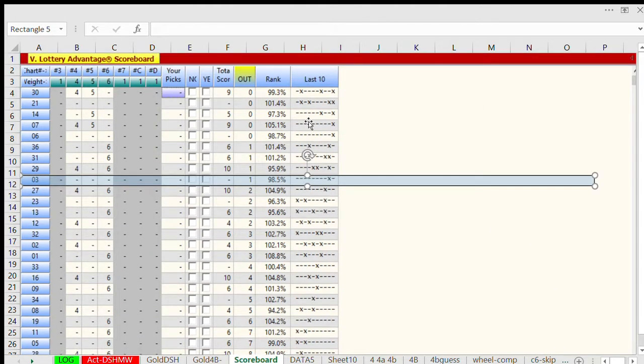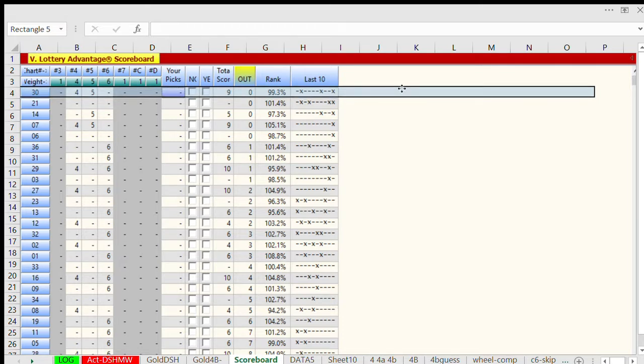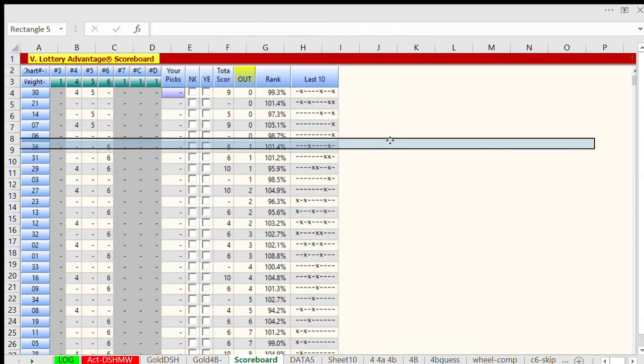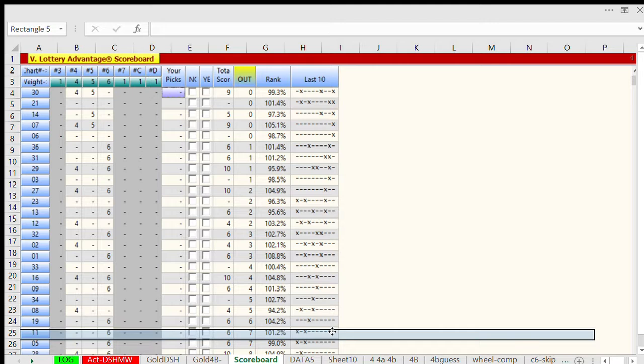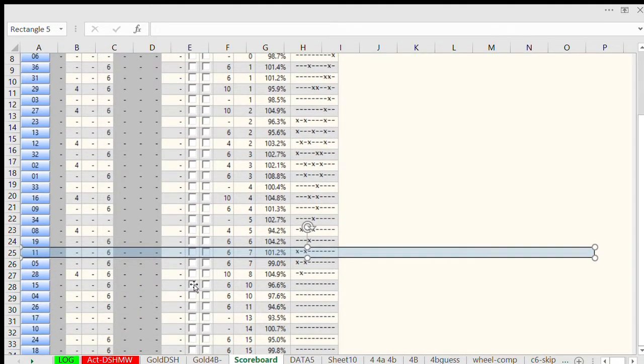All right. Now what's cool about this chart that I like is that there's a little tiny 4B here, right? Where the X is the number and the dashes are the games out. So you can look at each number and see which one you like. Now I had highlighted here the 11 because you can see the 11 here is skip 7.